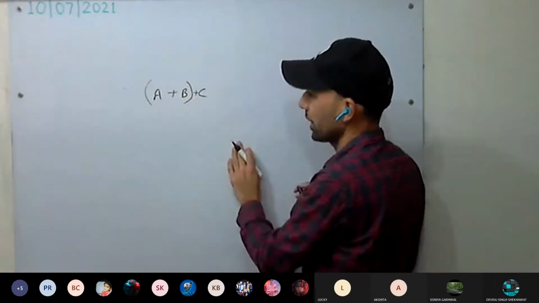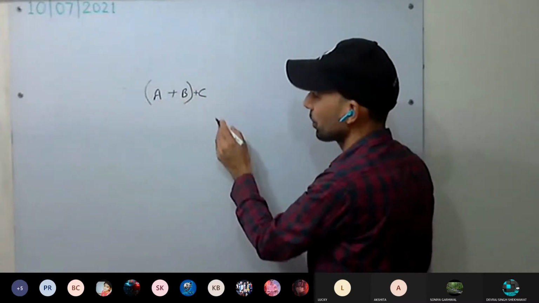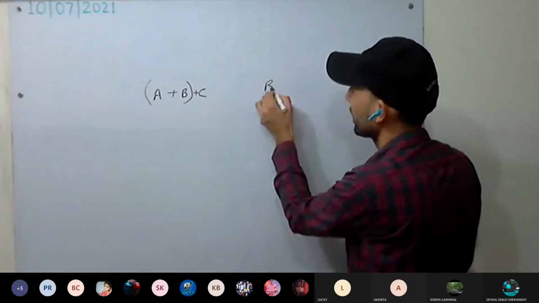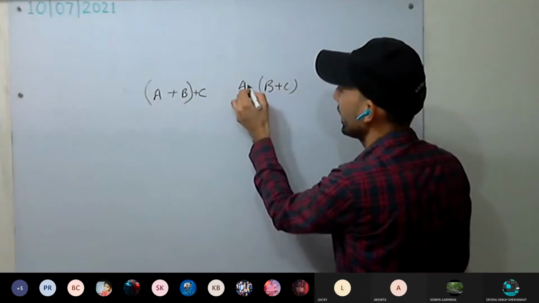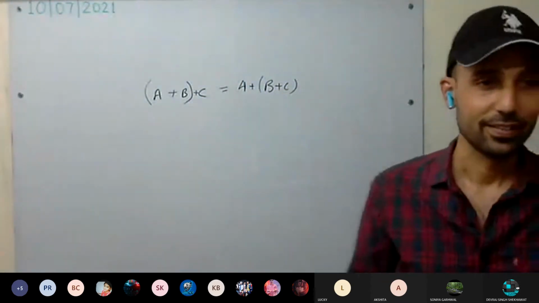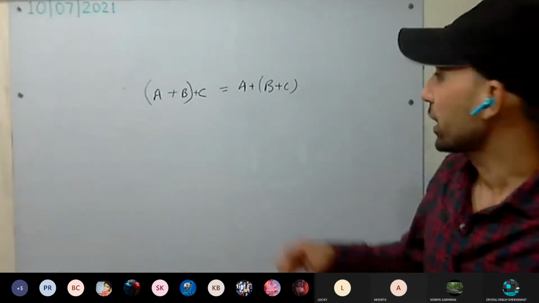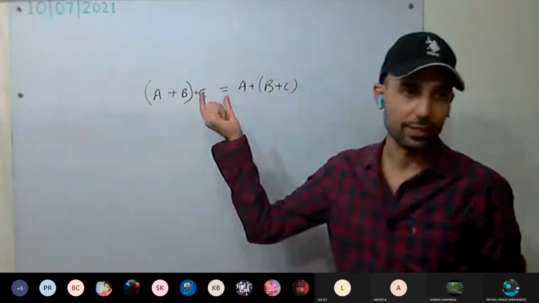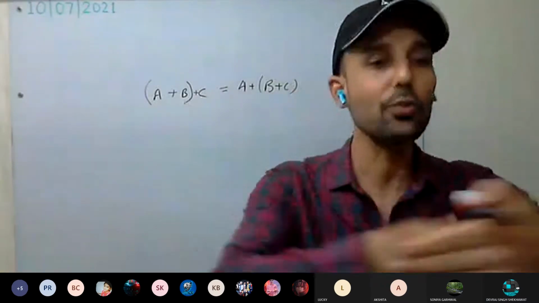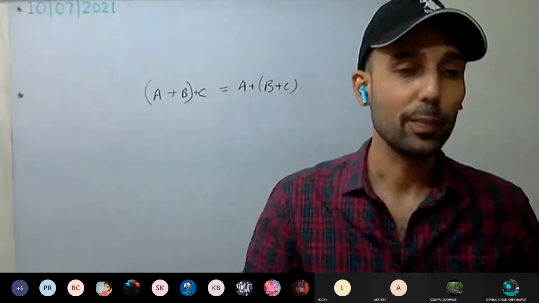Then plus C. Now, something happened between them. Now, B and C are more close, and then they add to A. Are they equal? Yes, sir, they are equal. Whether you add them in any grouping, at last you are going to form a bigger group.